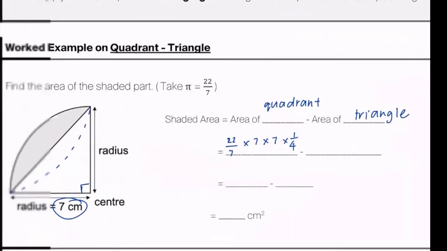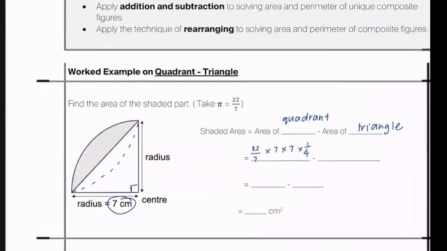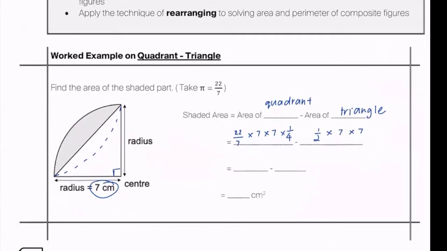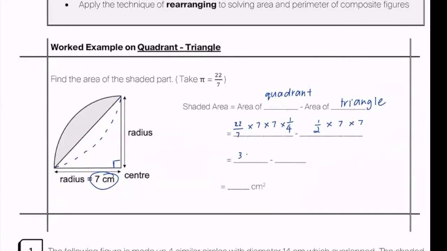And what about the area of the triangle? The right angle triangle: half times the base 7 times the perpendicular height 7 as well. You will get 38.5 minus 24.5, and we will get 14 centimeters squared for the area of the shaded part.